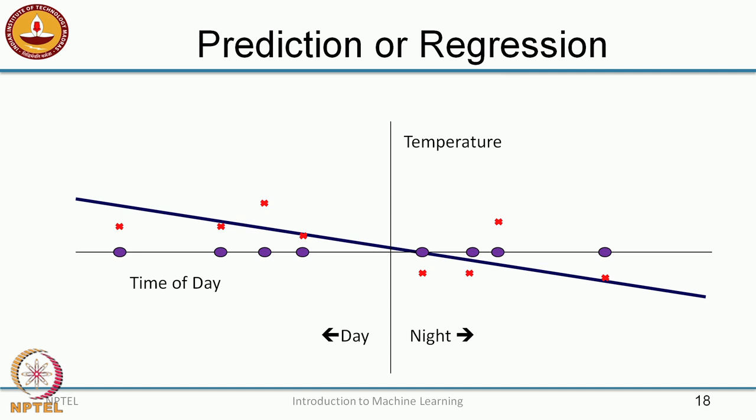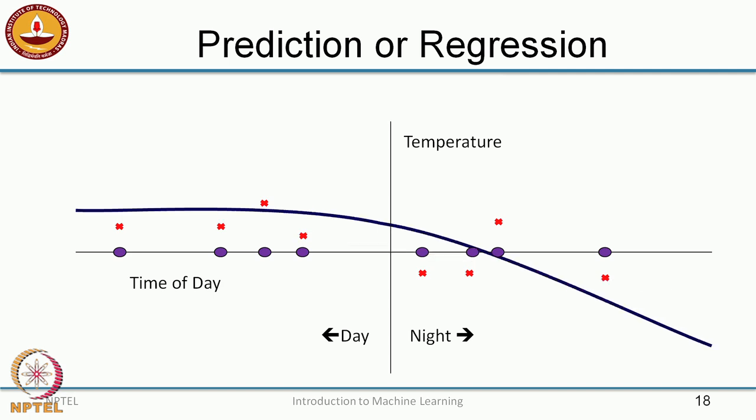You do see that, like in the classification case, when we choose a simple solution, there are certain points at which we are making large errors. We could try to fix that and do something more fancy, but you could see that while the daytime temperatures are more or less fine, with the night times we seem to be doing something really off, because we are going off too much to the right hand side.